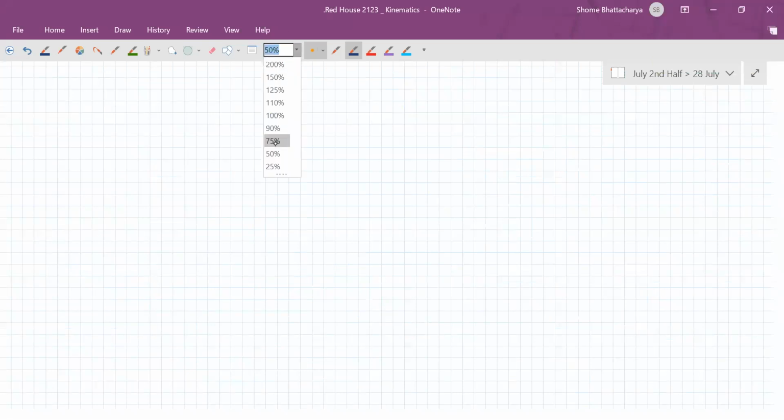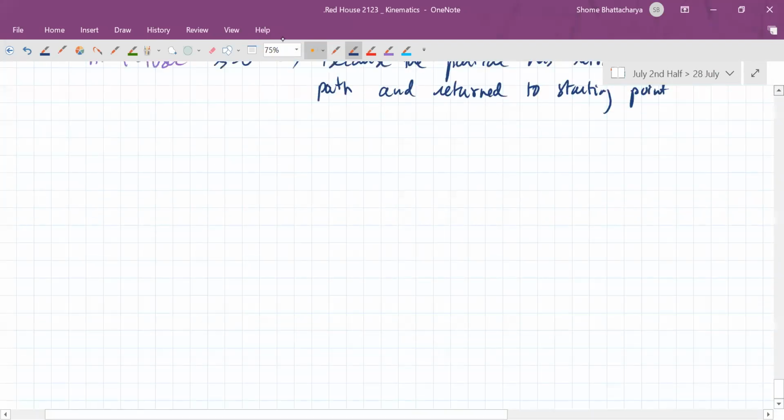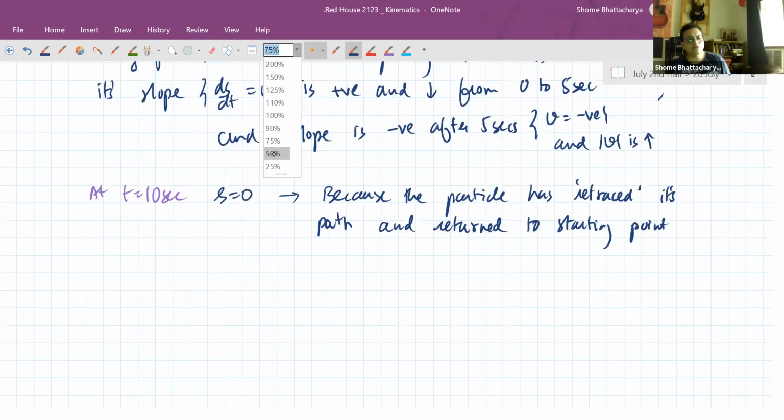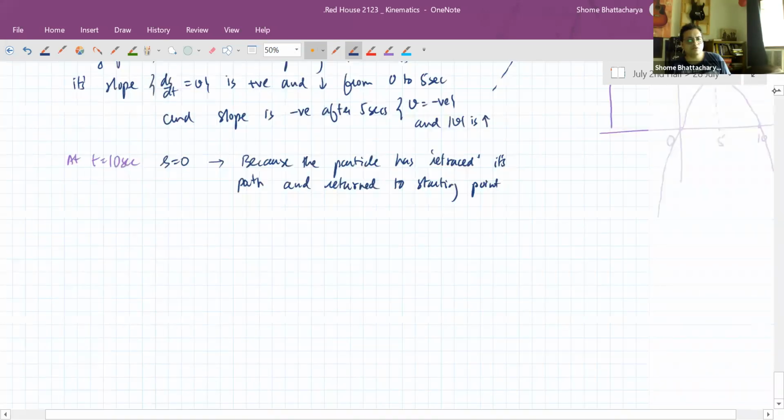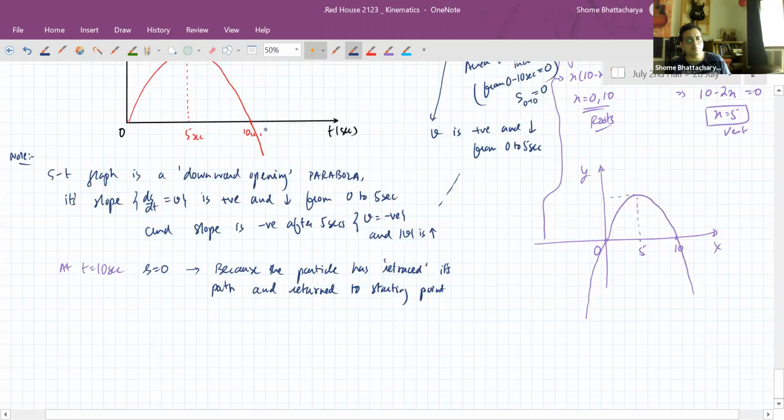Sir, after the 10 seconds, the object starts moving in the opposite direction from the starting point. Yeah, not only is it already moving in the opposite direction from 5 seconds onwards, but it's gone past the starting point.